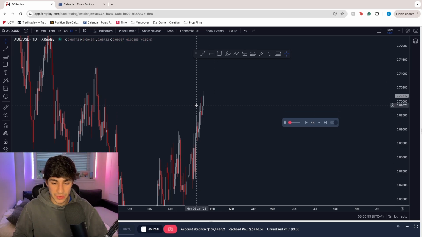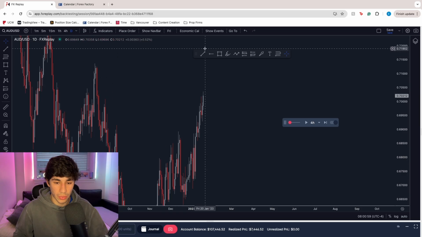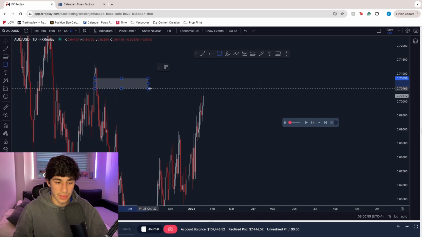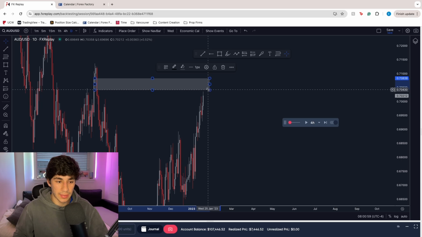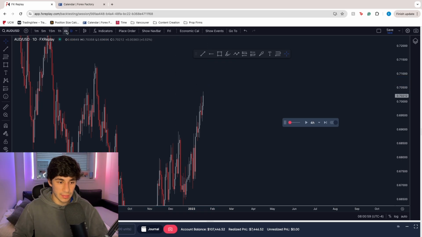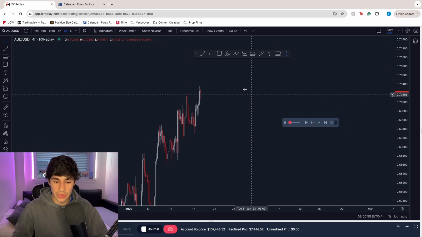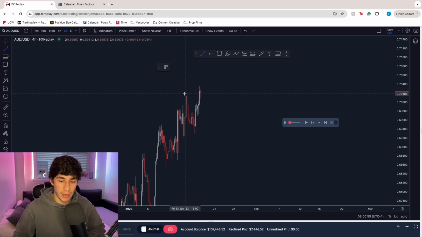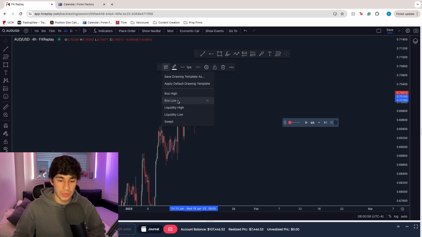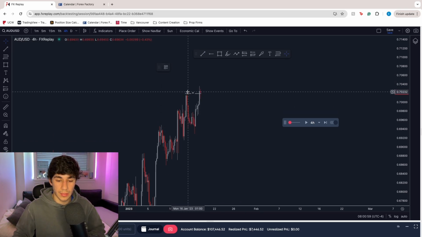Price respected this zone and it continued going up. Now price is almost reaching this area, where there's basically a fair value gap in the daily, but not yet. And we recently took this high here. So we took liquidity from this high, right?